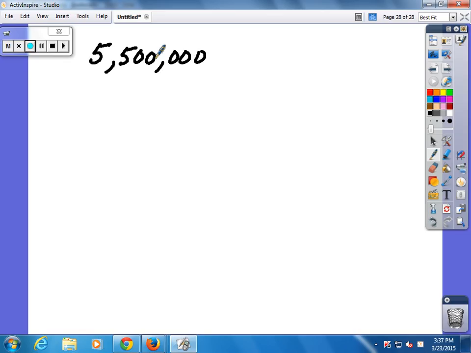What are they going to do with this $5.5 million while it's sitting in the bank? They're going to invest it. You're going to make, of course, 2 or 3% off of it. It's going to go back in. But what are they doing with that $5.5 million while you're letting it sit in there and be safe? They're investing it.